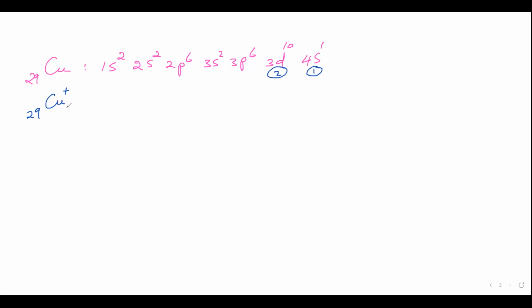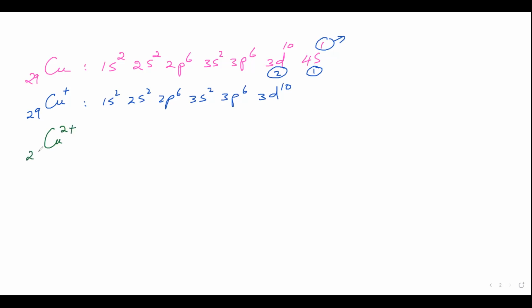So if this is copper +1, then the electronic configuration will be 1s2, 2s2, 2p6, 3s2, 3p6, and then we write 3d10 because we shall remove this electron from the 4s orbital to write the electronic configuration of copper +1. What if I have copper +2?